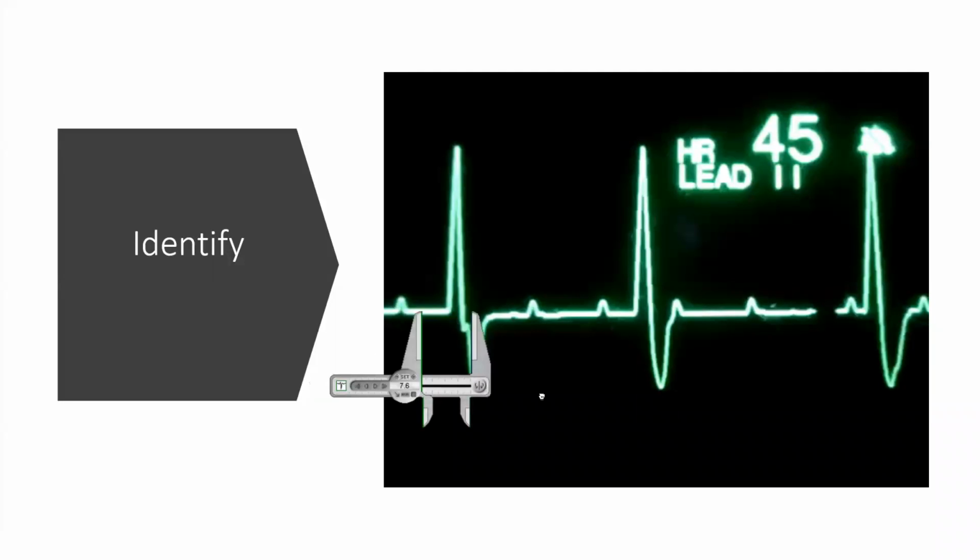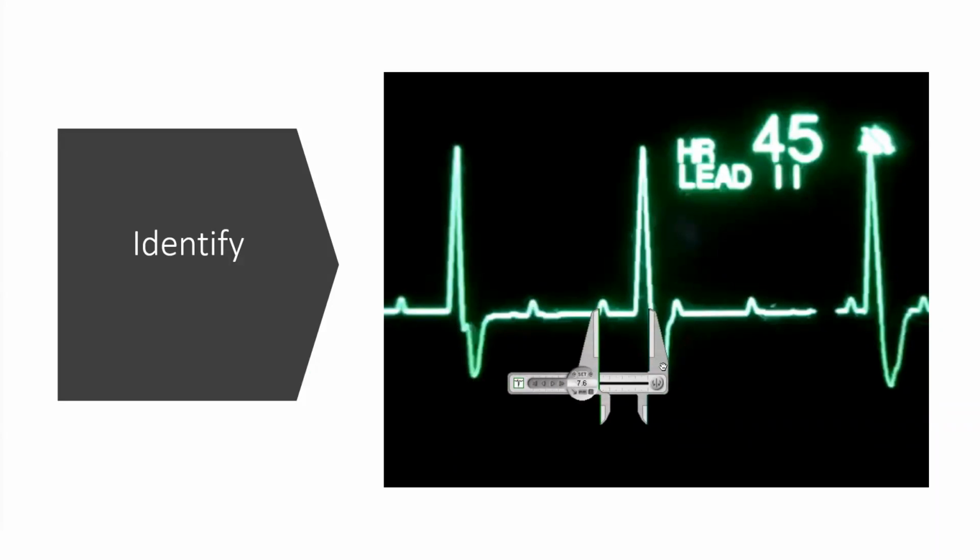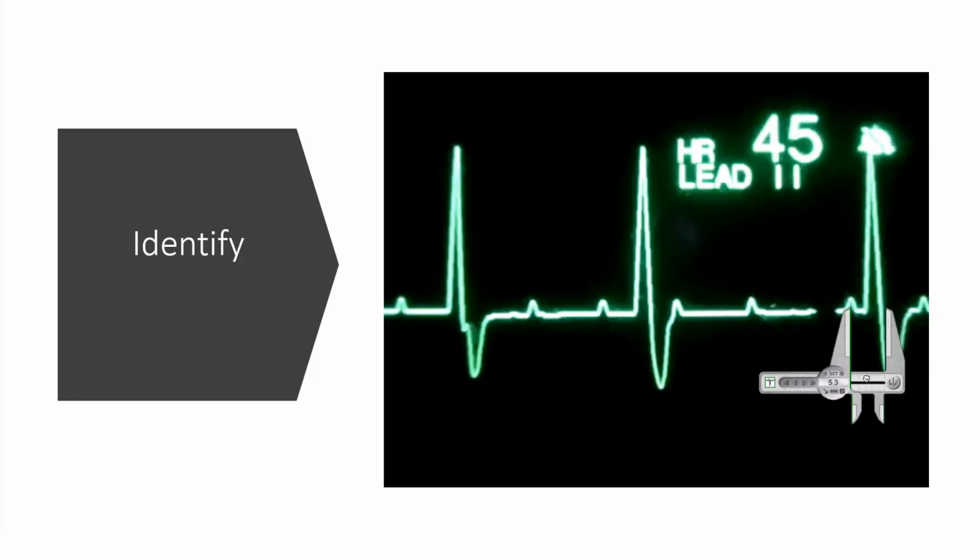Okay, and the second PR interval is not the same. And the third PR interval is short again, so it's not the same. So whenever we have a variable PR interval, this is going to be called a third degree AV block. The correct answer is a third degree AV block.